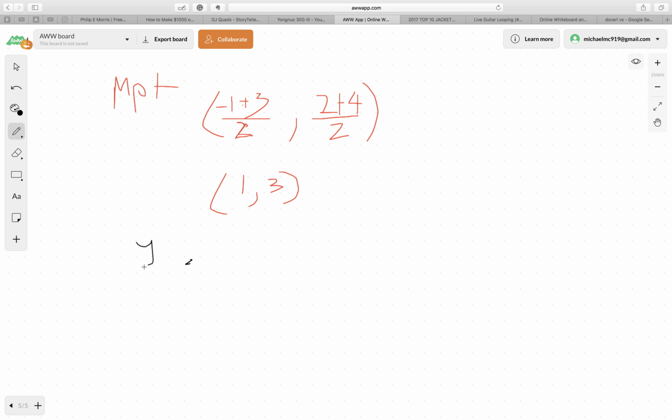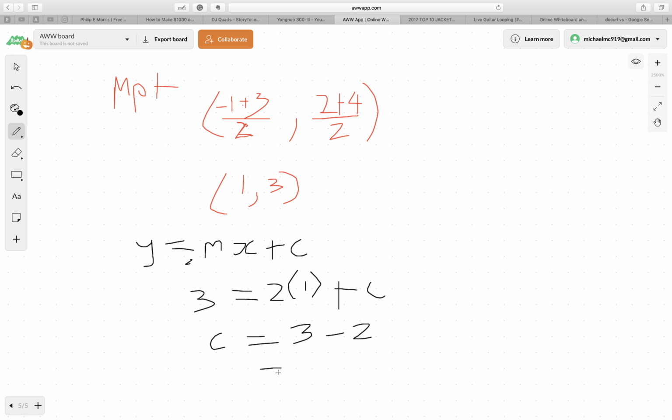We're plugging it into the equation y is equal to mx plus c, right? So we have 3 is equal to the gradient, which is 2, times x, which is 1, plus c. Okay. So making c the subject of the formula, c will be 3 minus 2, which is equal to 1.